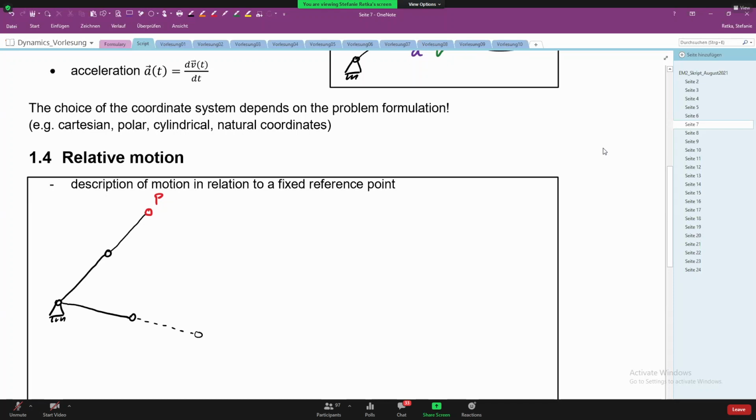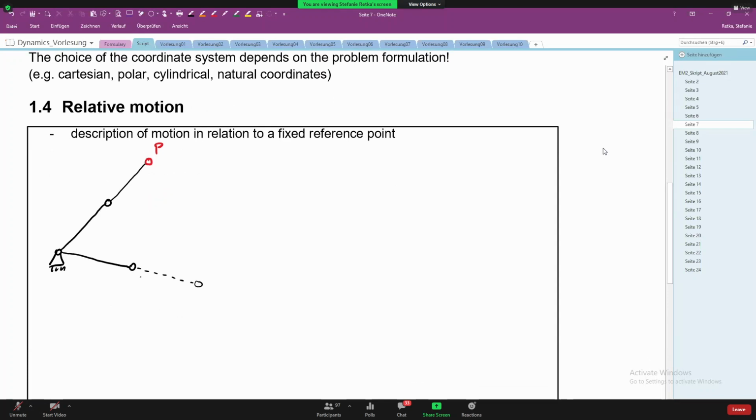But since it's not, they're connected by a joint, it moved a little bit further, and then it might be here. Oh wait, our red point P. And now we want to mathematically describe how our point P moved from the starting position, time t, to the second position sometime later in time, t plus dt.